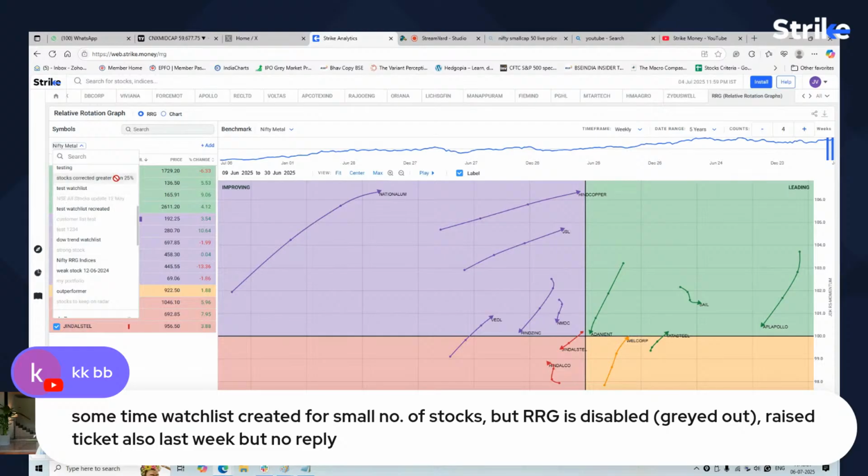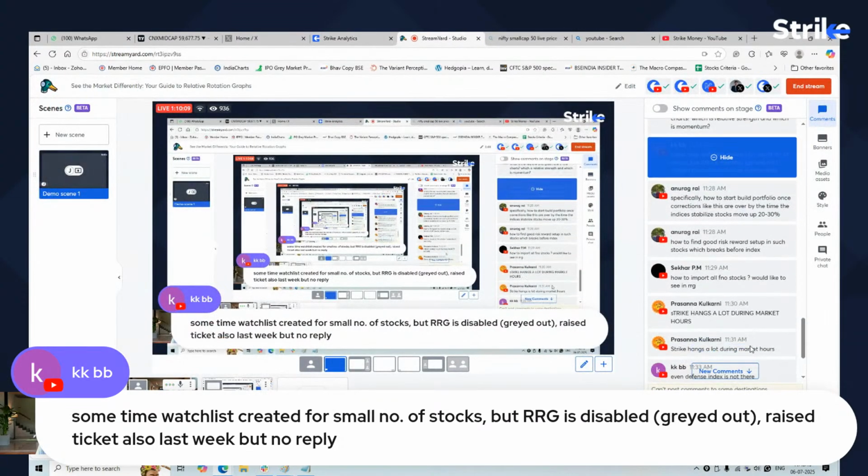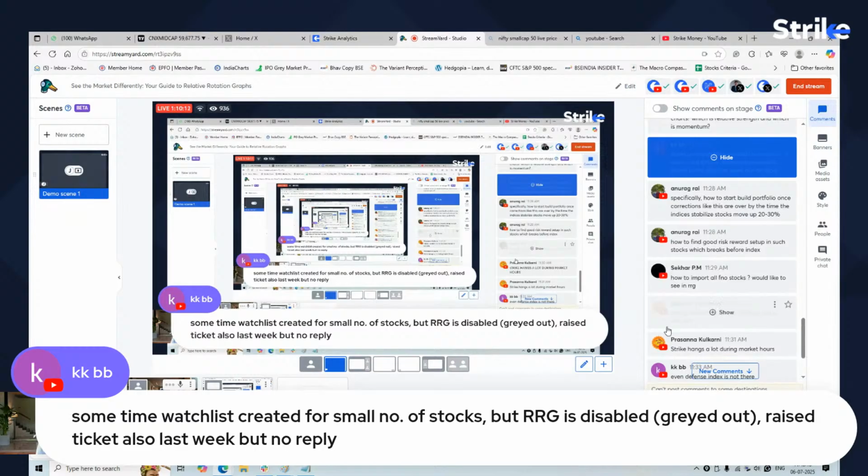Anything which is less than 50, you will be able to see in the RRG. So if it is blurred, that means there are more than 50 stocks, and you might need to remove some of them so that you can check it.